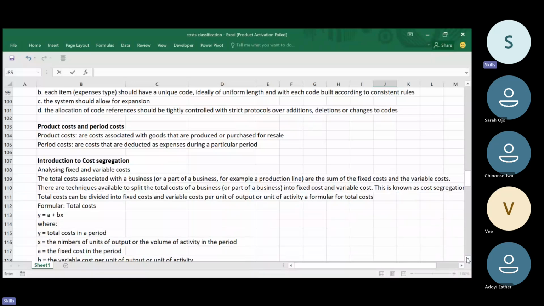Total cost can be divided into fixed cost and variable cost per unit of output or unit of activity.